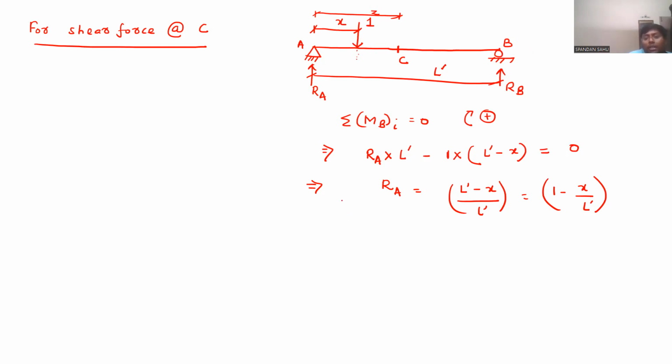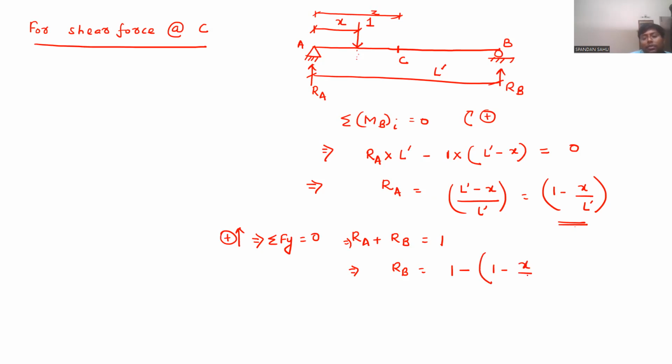Similarly, you can directly write RA plus RB will be equal to 1 by doing summation of Fy equal to 0, and vertically upward I am taking as positive. So RB will be 1 minus RA, and RA we got as (L prime minus x) by L prime.